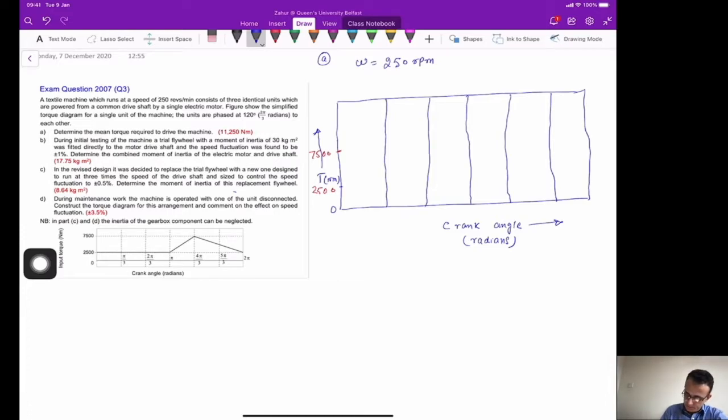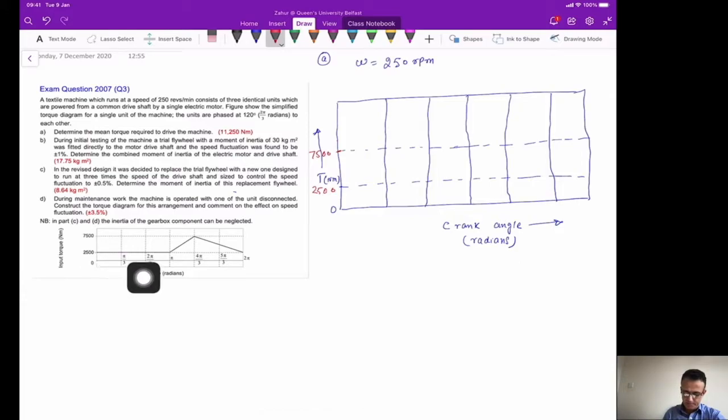What you can do is just draw horizontal lines here. For the first cylinder, we will just repeat this plot. As you can see, it's 2500 from 0 to pi.